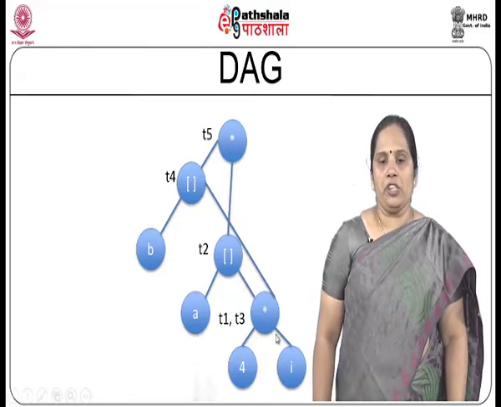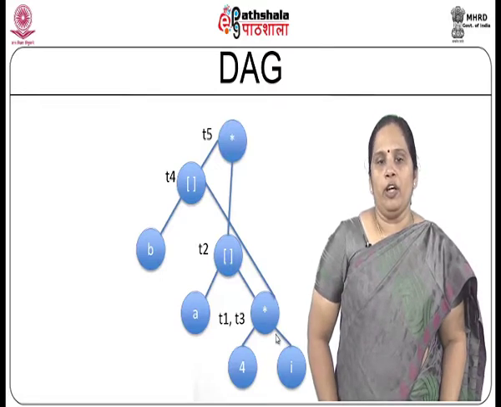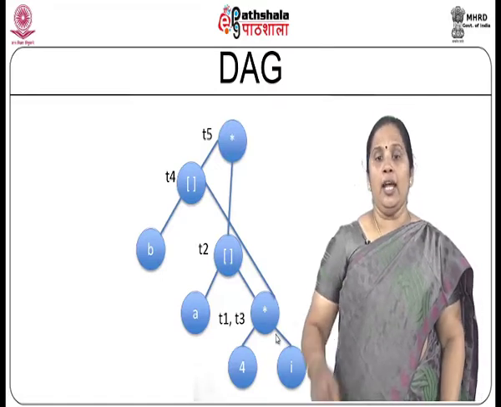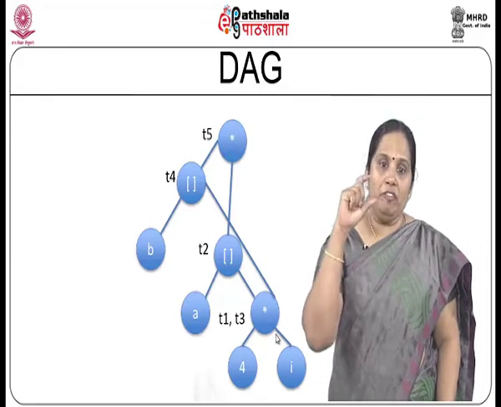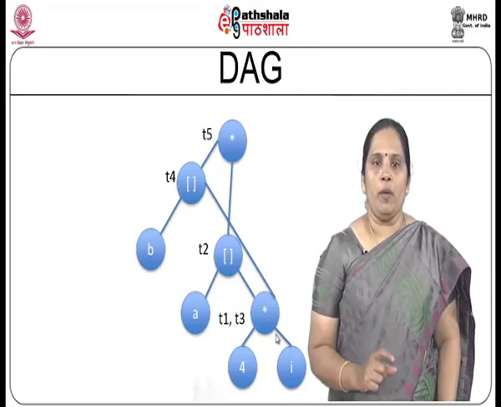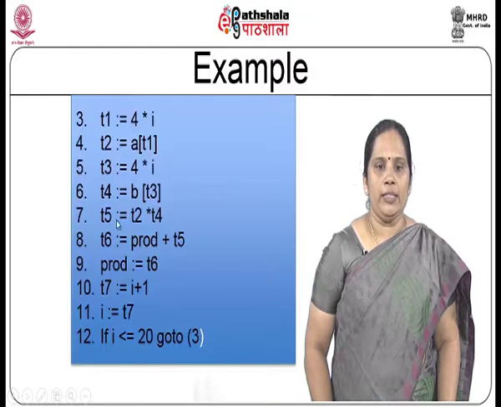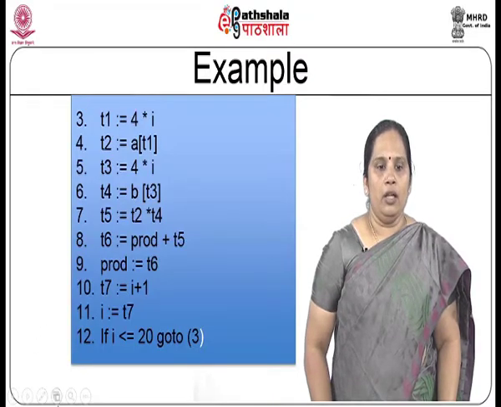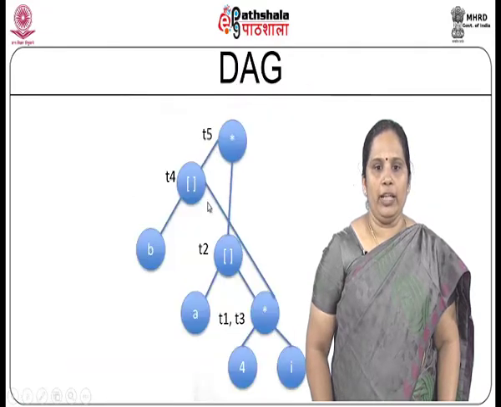So, identification of common sub-expressions is a typical and easy option as far as DAG is concerned, but it computes the common sub-expression within a basic block only, that is called local identification of common sub-expression. Then we have T4 is equal to B of T3, that is also done.